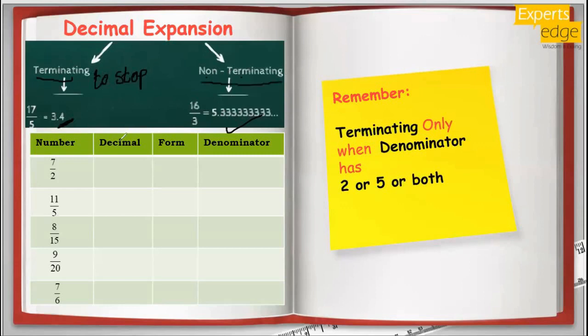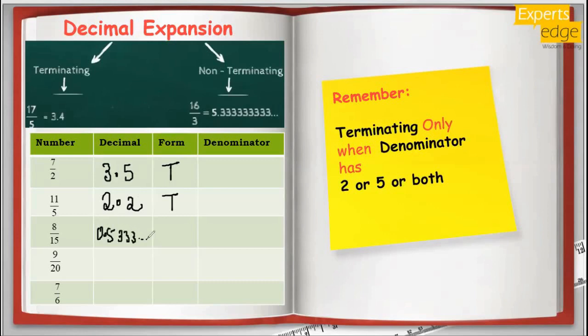So let us see some examples. 7 by 2, its value is 3.5. So it's basically a terminating number. If I say 11 by 5, it's 2.2. It's also terminating. Whereas if I say 8 by 15, its value comes out to be 0.5333 dot dot dot.